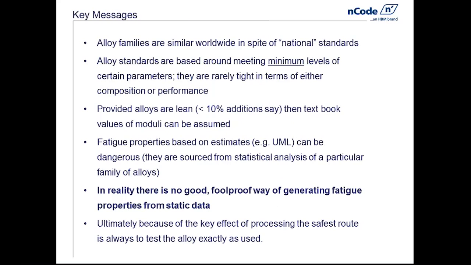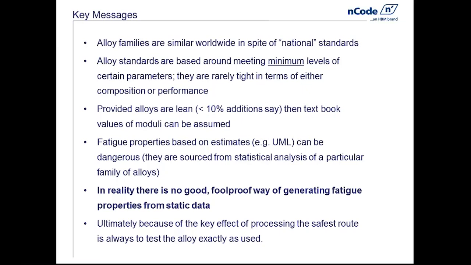So my key messages to leave you with are that the alloys are similar wherever you are in the world, despite the national standards. But to warn you on standards, they're very useful in that you can specify and buy according to them. But they are always based on minimum values, so you don't actually know what it is you're getting in mechanical terms.